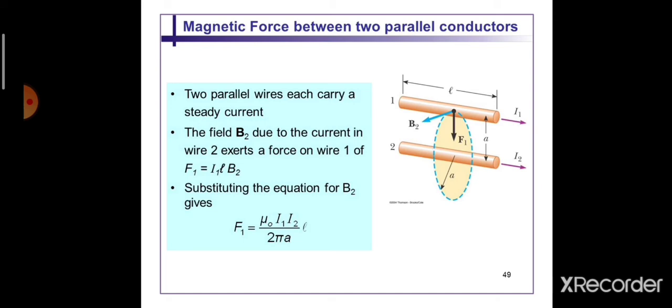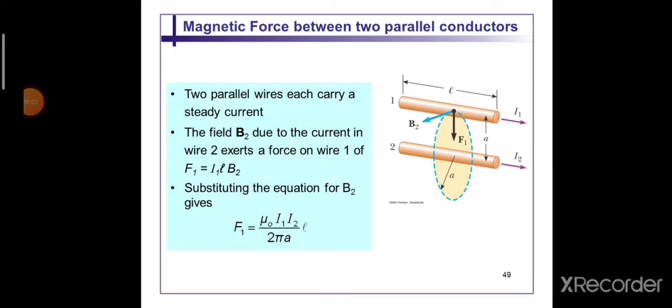So, in the case of two parallel conductors carrying current, the second wire experiences a force F2 due to the first wire. Similarly, the first wire will experience a force due to the current passing through the second wire.